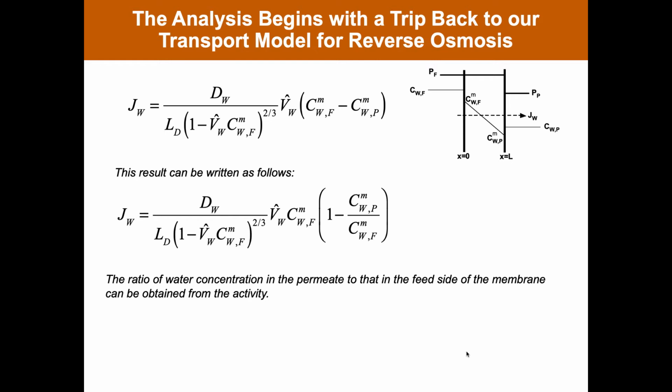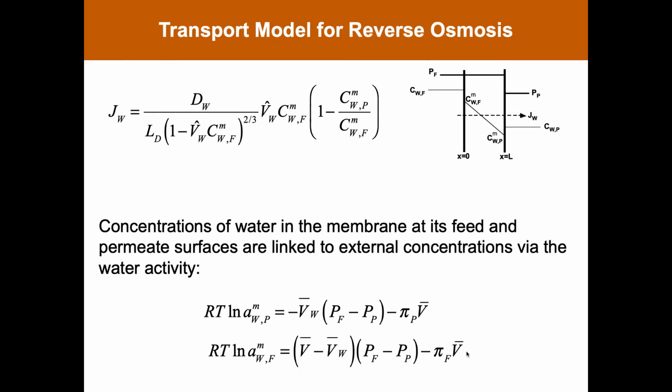And so now remember this. This is our expression for liquid water transport or liquid solvent transport through membranes. I won't belabor all of the variables, except to say that the ratio of water concentration in the permeate to that on the feed side of the membrane can be obtained from the thermodynamic activity.